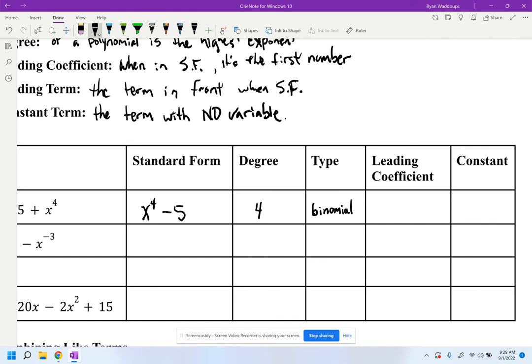The leading coefficient is the number that comes in front. There's no number there. We remember that has an imaginary, or rather an invisible, 1 in front of the x to the fourth, and so the leading coefficient is 1. And the constant, there's a term with no variable, and that would be negative 5.